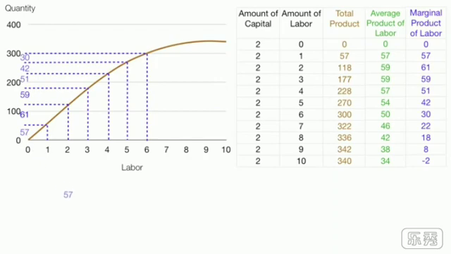So I have 1 labor unit, it produces 57. The second one produces 61. Those two added together is my total product of 118. If I add 59, that means my total product increases to 177.